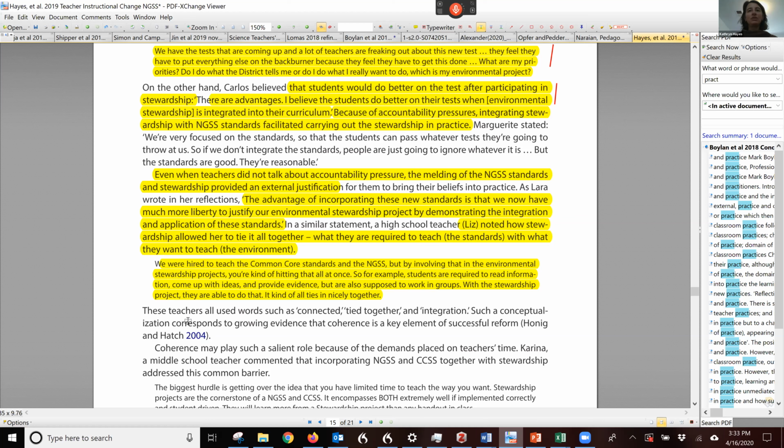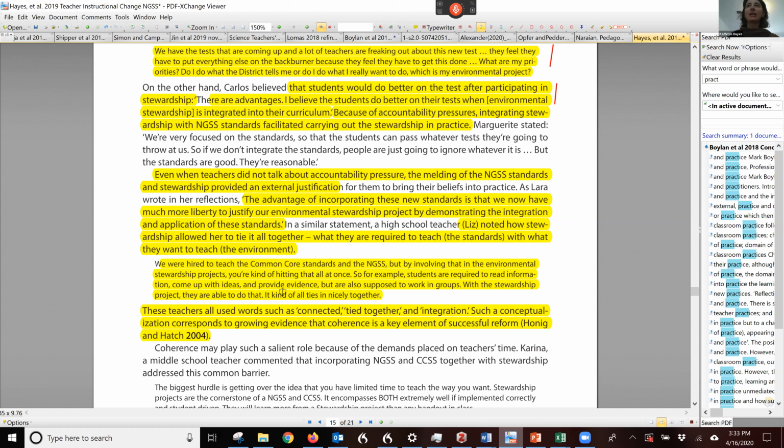I said, these teachers all use words such as connected, tied together, and integration. Such a conceptualization corresponds to a growing evidence that coherence is a key element of successful reform. So I didn't just plunk a bunch of quotes in. I made a careful claim. I gave a couple of pieces of evidence where I introduced the quote, and then I talked about the quotes together.